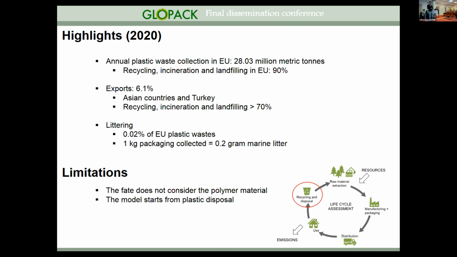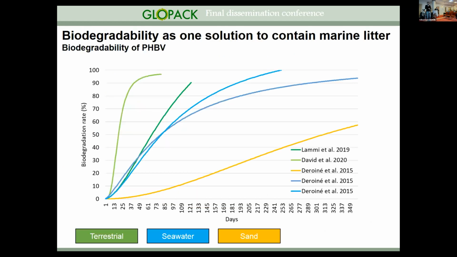And then also the model starts from the plastic disposal, so really the collection of the plastic, and it does not consider all the fraction of plastic which is directly discarded by the consumer, for example, before being collected.